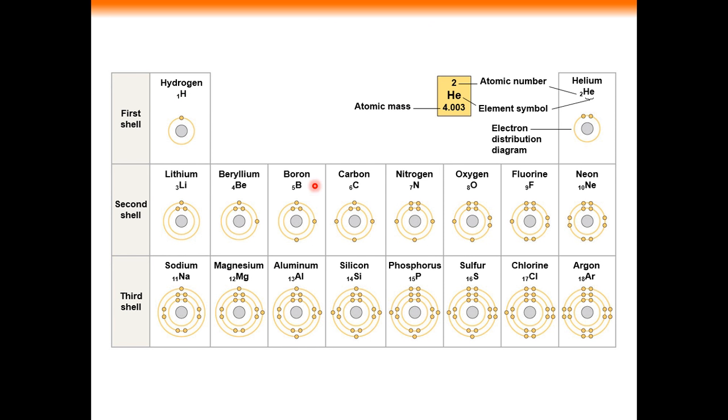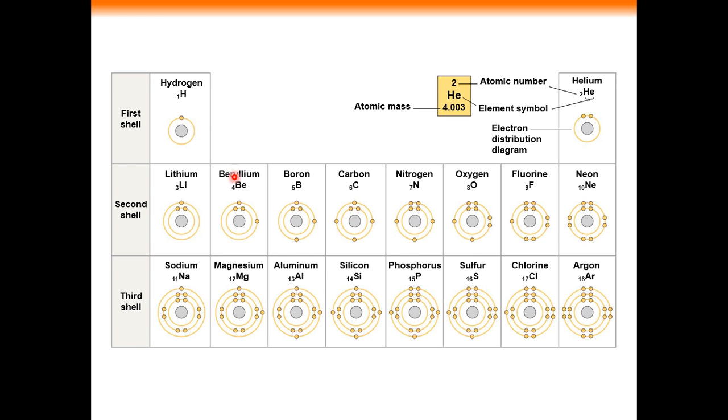So you look at this, and let's just go to carbon. Carbon has 6 protons. So carbon also has 6 positive charges because of that. So for it to be neutral, it has to have 6 negative charges, or 6 electrons.